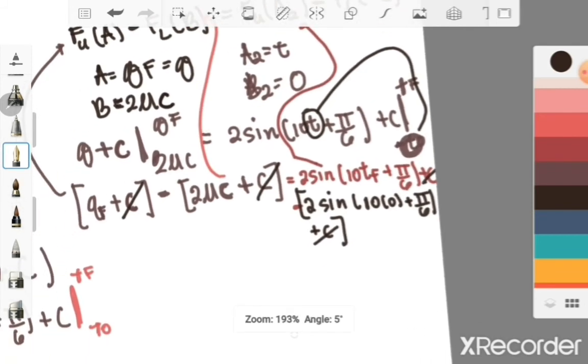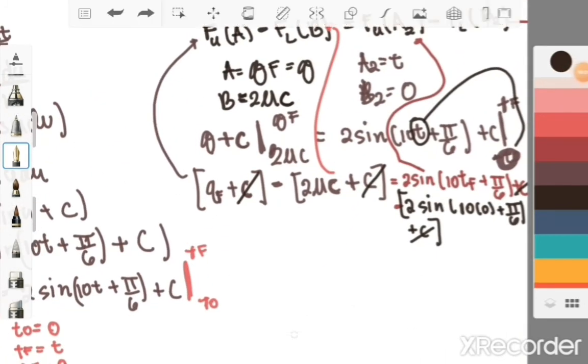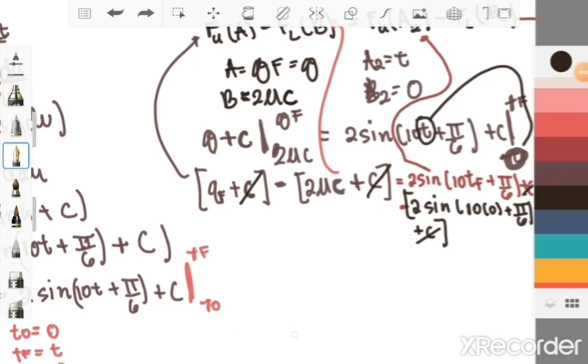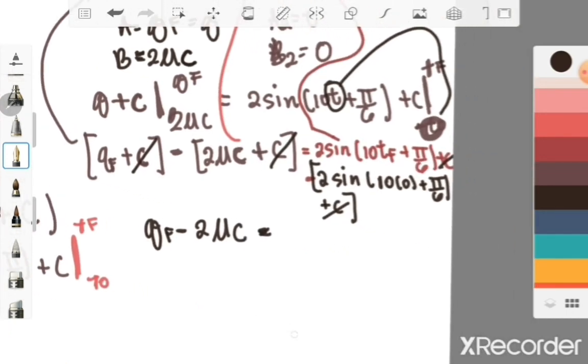So therefore, the final equation will be QF minus 2 microcoulombs is equal to 2 sine of 10TF plus pi over 6.